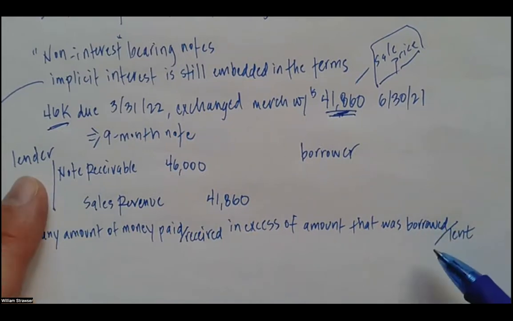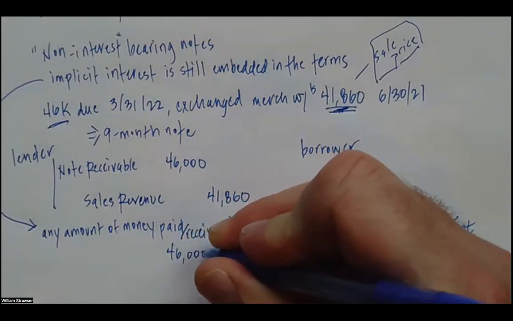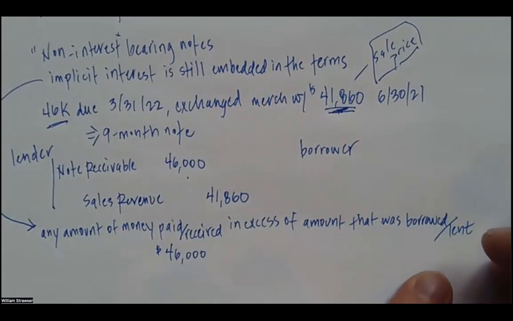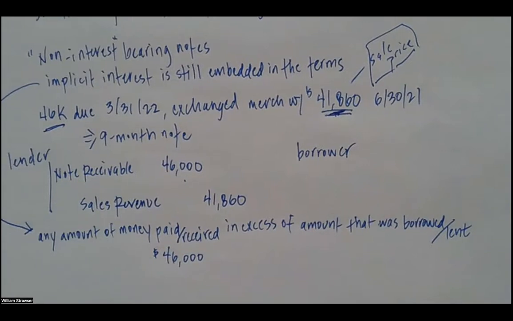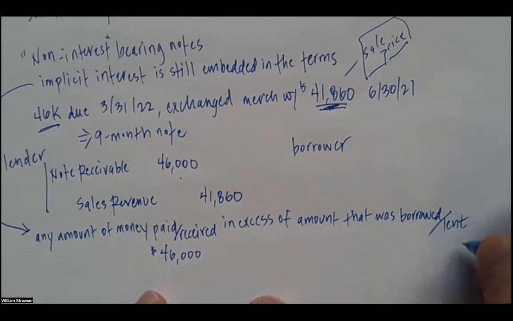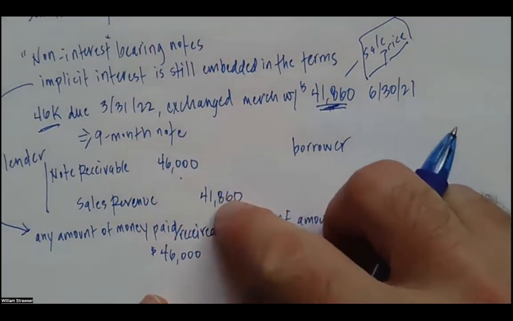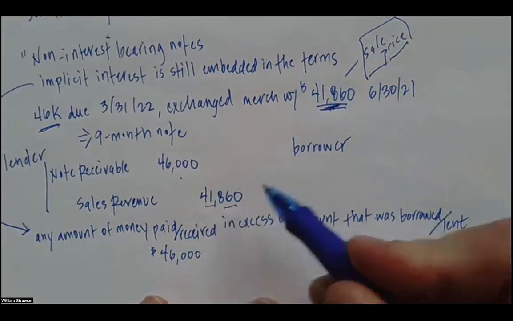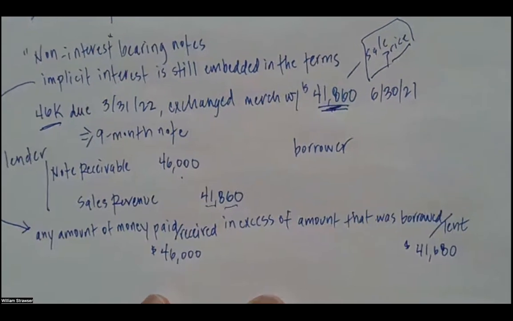So the lender is going to receive, in this case, $46,000 when that note matures. And they only lent, in quotations, because they didn't really lend it, but effectively they lent it because they sold this person merchandise that had a sales price of $41,680. And they're saying, hey, don't worry about it. Don't give me the cash today. Pay me later.